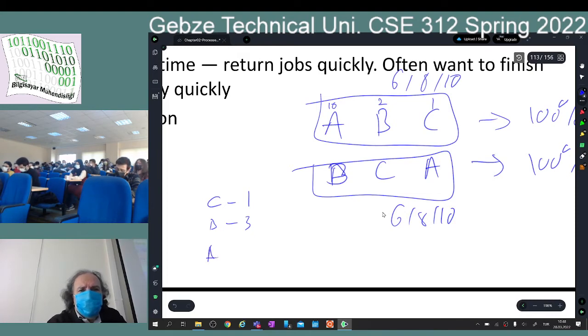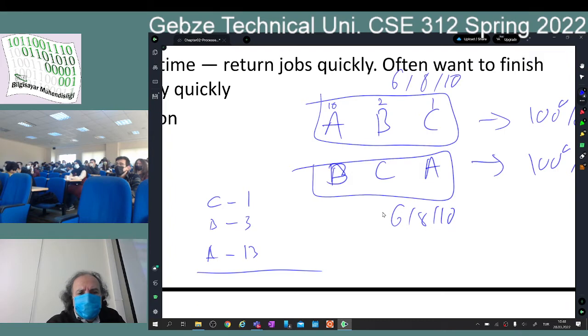And A will be 13 minutes, if I do it in this order, C, B, and A. So the total is going to be 17 minutes. Okay? So 17 minutes over 3 is around 5 point something.